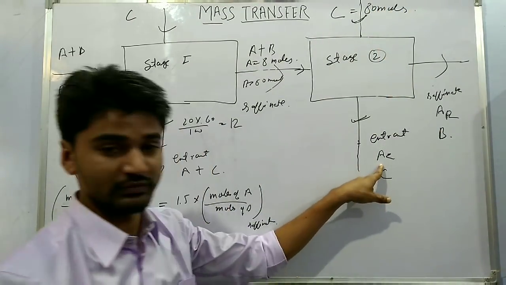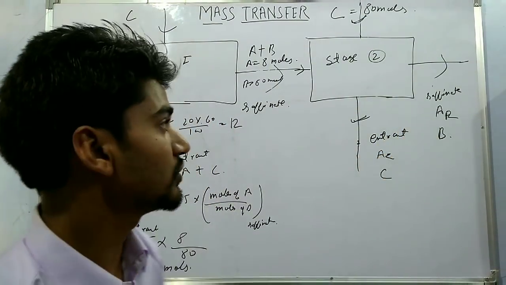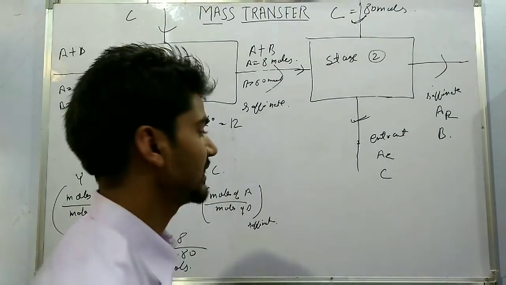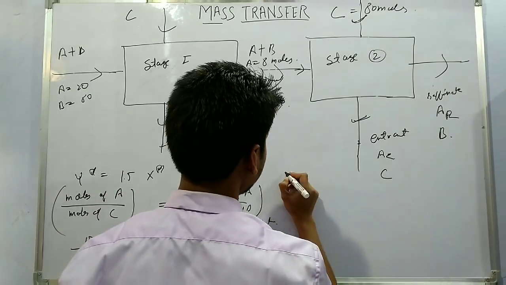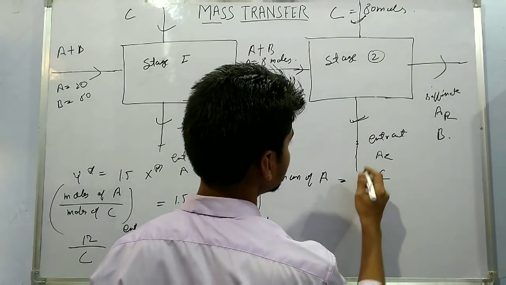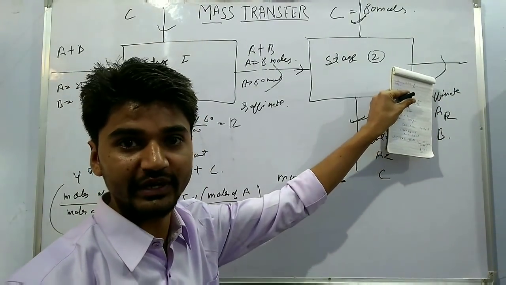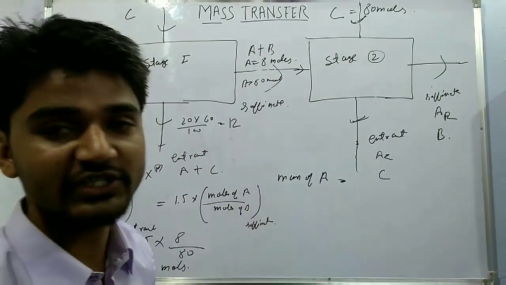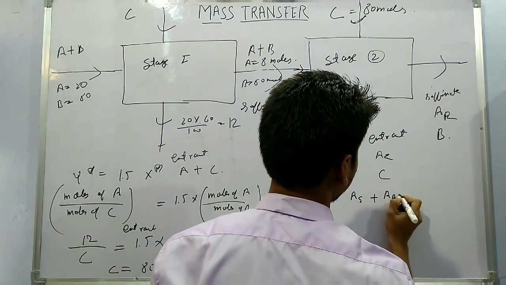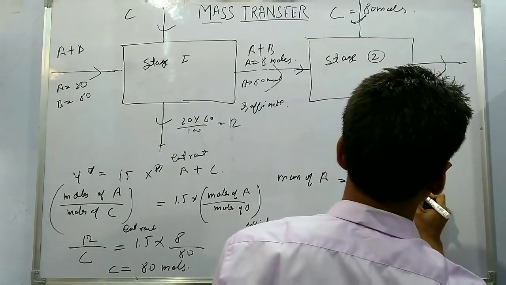Now here we don't know the values of AE and AR. So in this stage 2 we apply, first, the mass balance equation. The mass balance of component A: moles present in the refined phase and moles present in the extract phase will be equal to the total moles in the feed of stage 2, that is 8 moles.